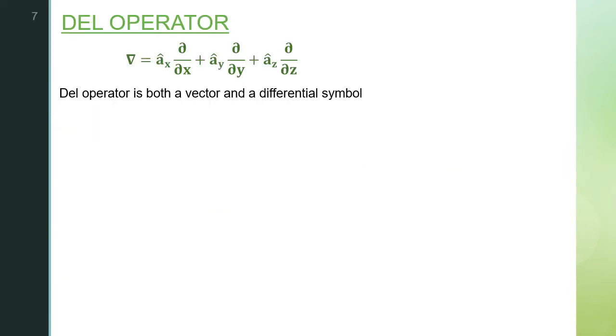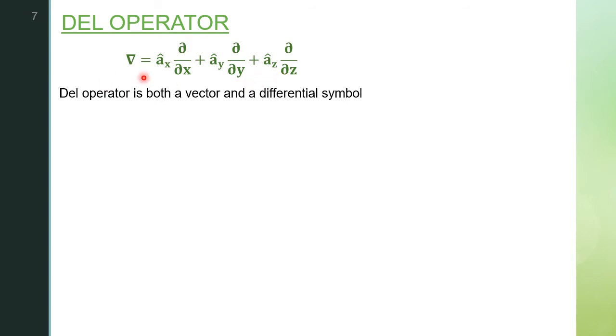So now we have learned about vectors and certain properties of vectors. So now we will see the del operator, which is an operator which is applied on vectors. So the del operator in Cartesian coordinate system is given by ax cap into dou by dou x plus ay cap into dou by dou y plus az cap into dou by dou z.